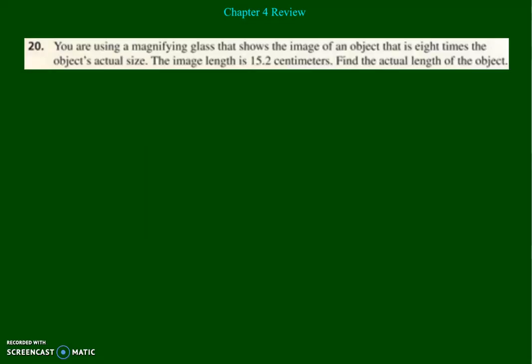So in essence, we have this object, let's just call it P, we'll make it a big P. This image is 8 times the object's actual size. So this is our prime value, and this is our image. So to go from here to here, we multiply by 8.